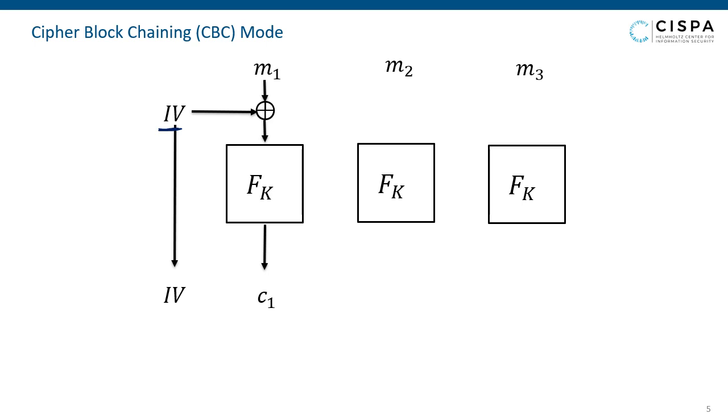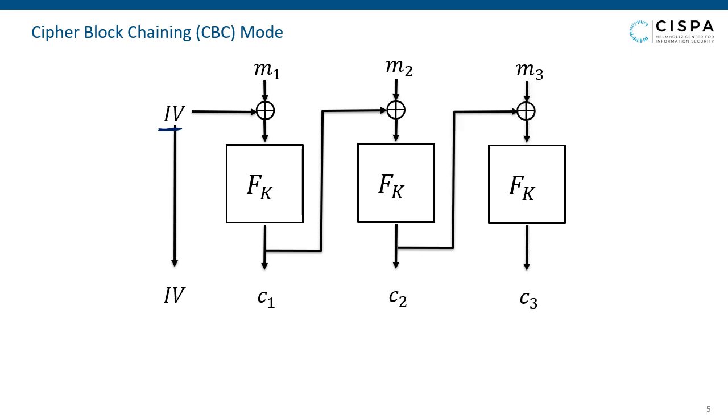And now instead of using an initialization vector, we just let C1 take the role of the IV. So we XOR C1 onto the second message block, M2, and pass the result through the pseudorandom permutation, obtaining a ciphertext block C2, and so forth.